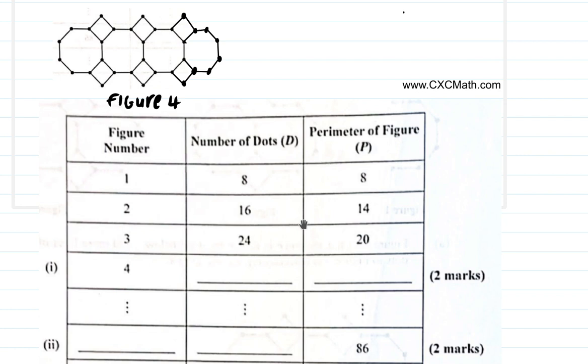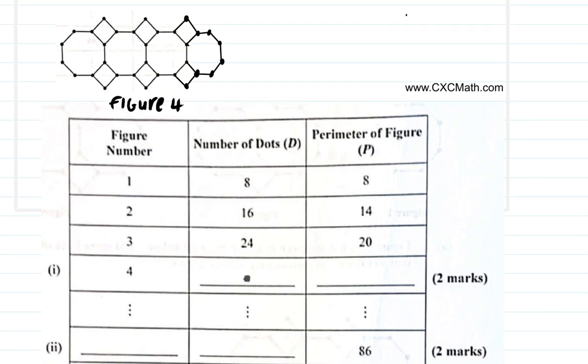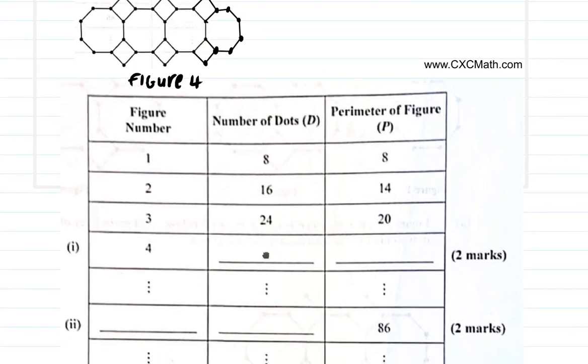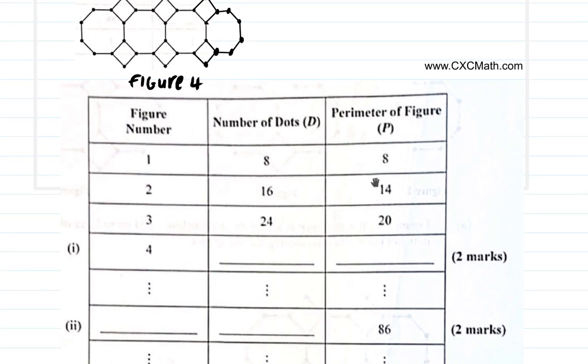So here, it seems as if you have 8 times 1 is 8, 8 times 2 is 16, 8 times 3 is 24. So therefore 8 times 4 should be 32. Seems as if 32 should be here, right? Now, the question is, what would happen over here?